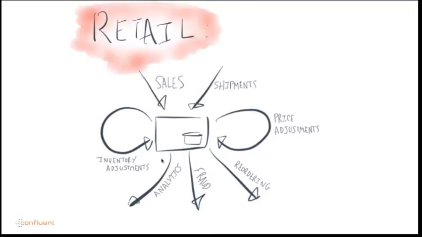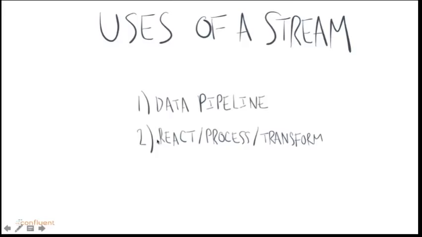When you look at most businesses, a huge portion of what they do, maybe a third, maybe 50%, is in this asynchronous domain, but it's not well supported by the technology platforms we have. And so I'm going to argue that these are the two key uses for streams. The first is building data pipelines: getting data around, putting it in a stream and shipping it from place to place.